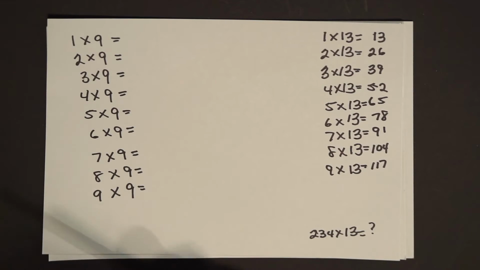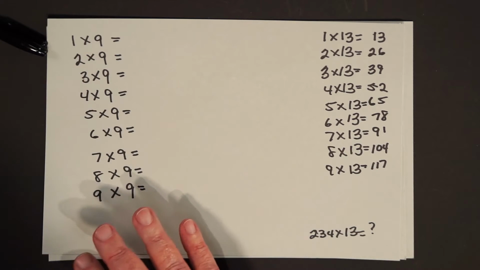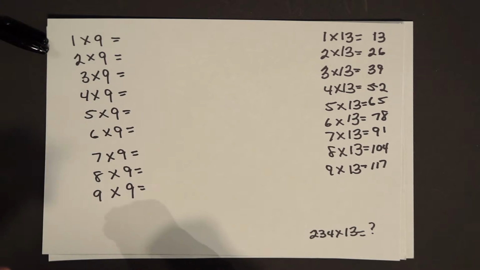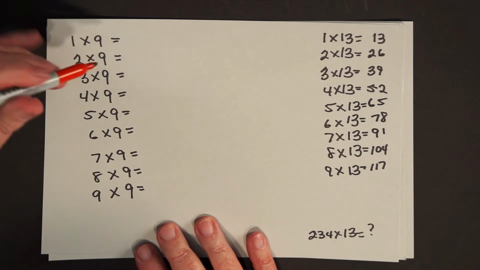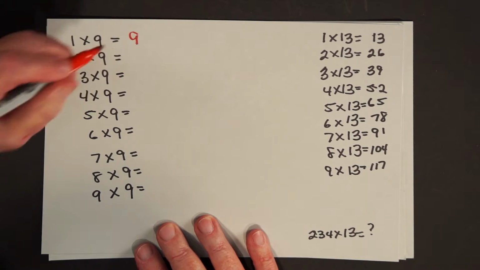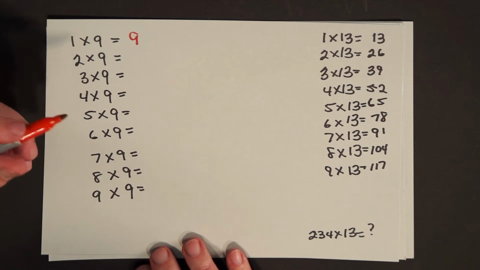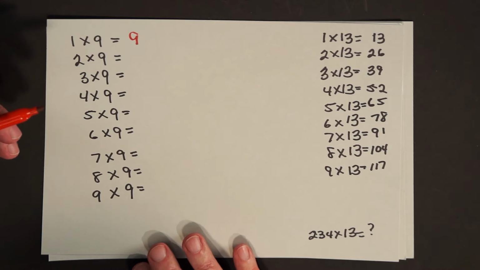One day, the teacher told him, tomorrow they're going to have a test on knowing the multiplication table for 9. And the boy went home, and he got all flustered and forgot to do his homework. He came in the next day, and what he saw on his desk was this problem. Now, he knew that 1 times 9 was 9, but he hadn't studied, and he didn't have a hint as to what the others would be.